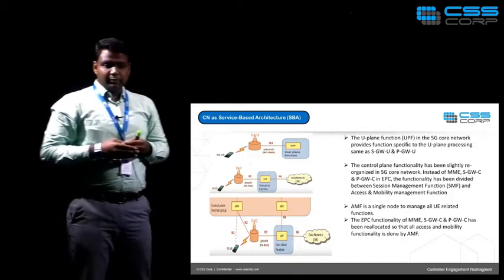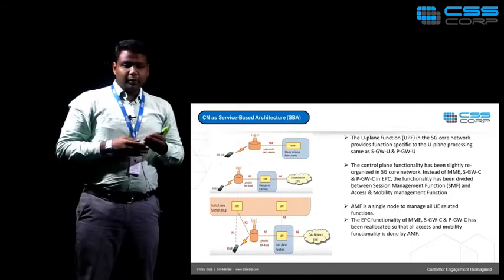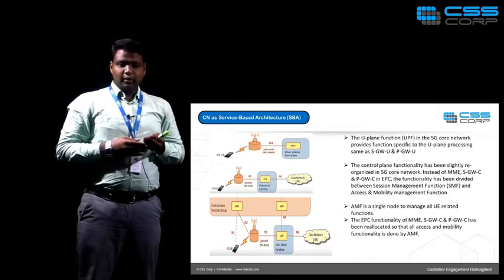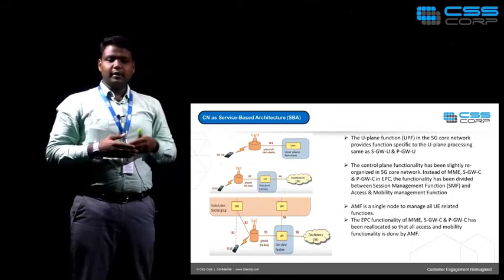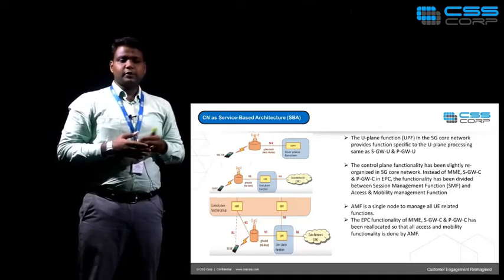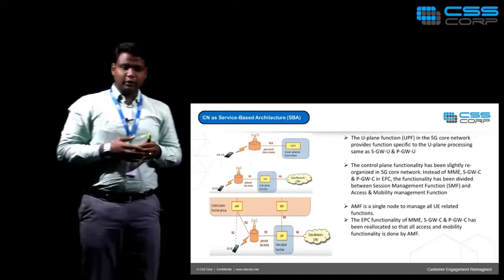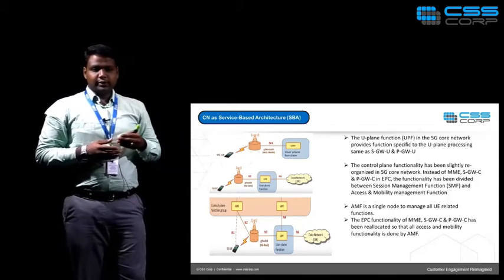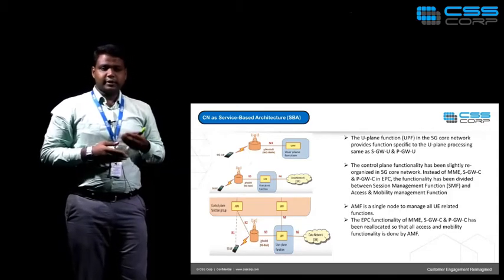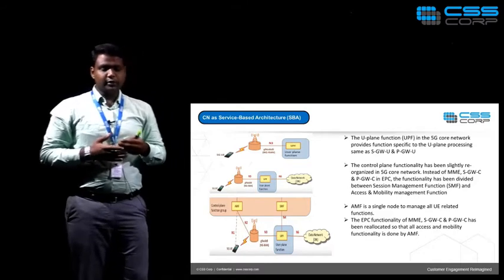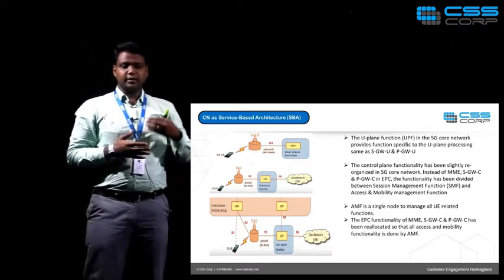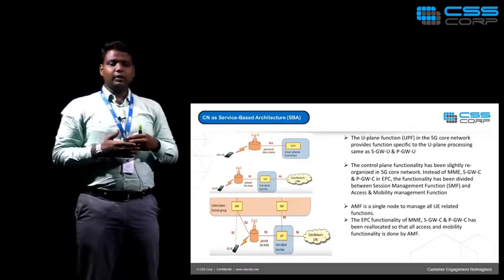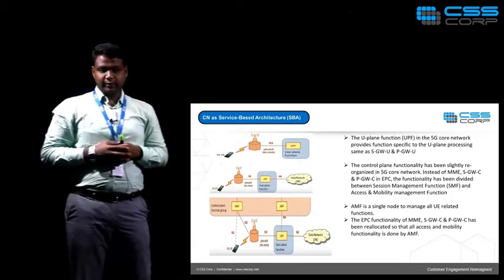In our next diagram, it shows the control plane function which has the AMF and SMF. So AMF is a single node to manage all the UE related functions, and SMF is the session management function which is used to manage the sessions between all the nodes and the network links.